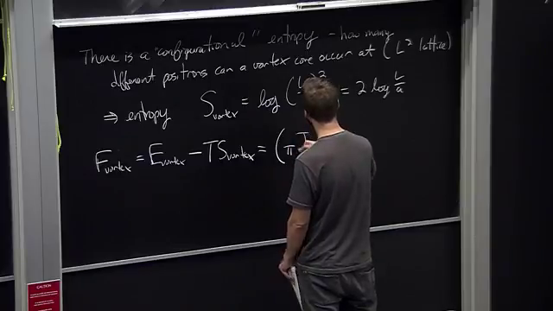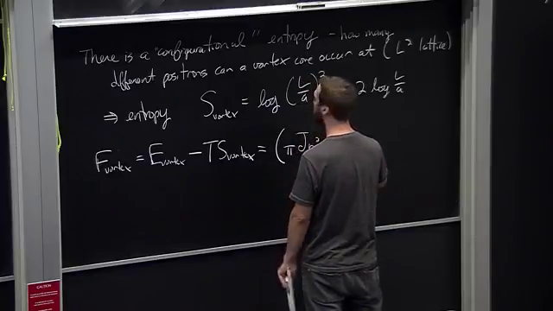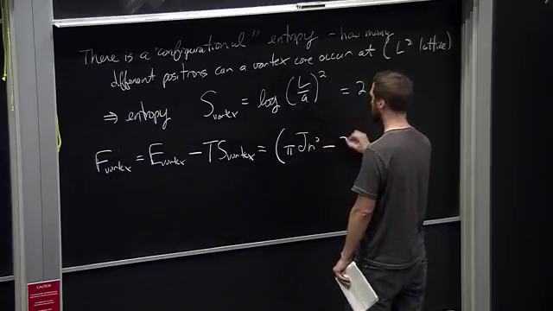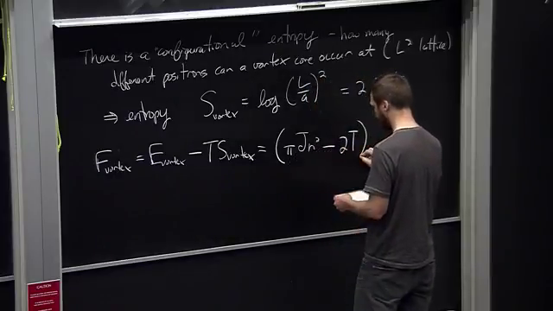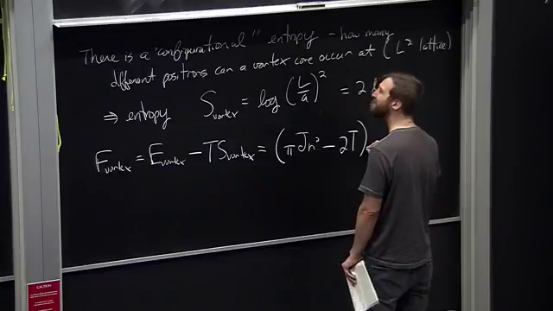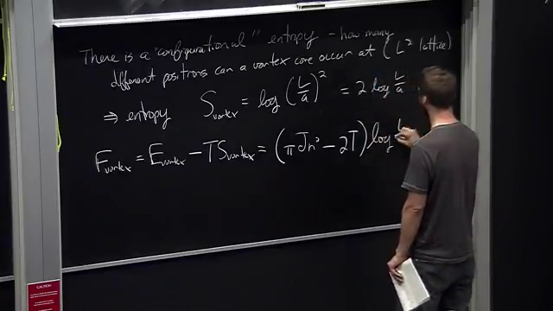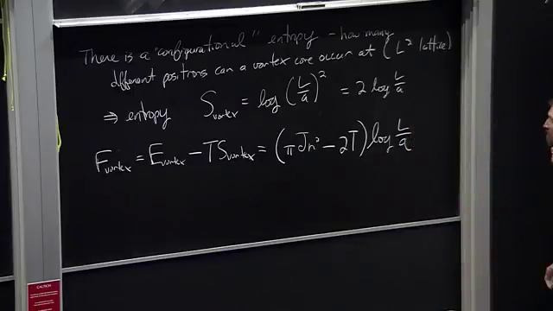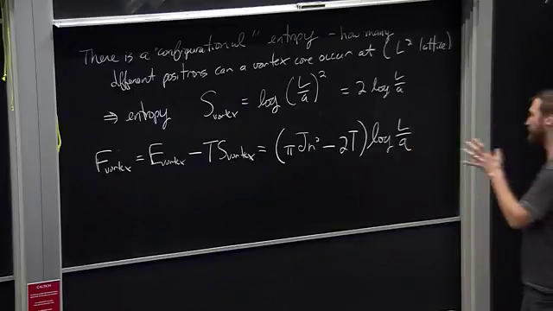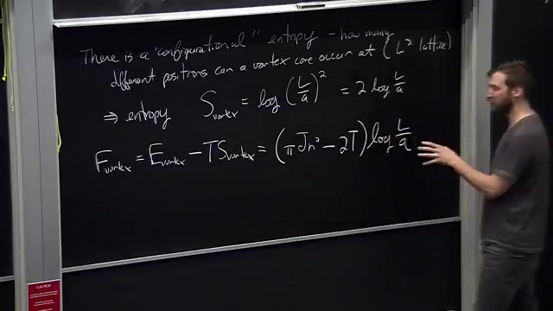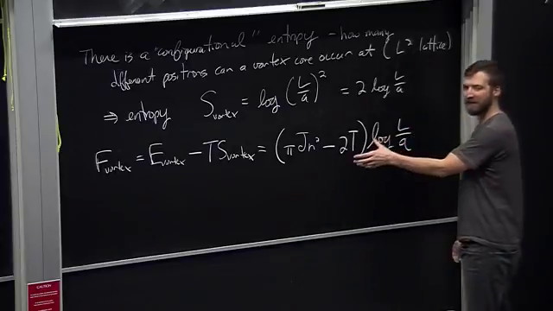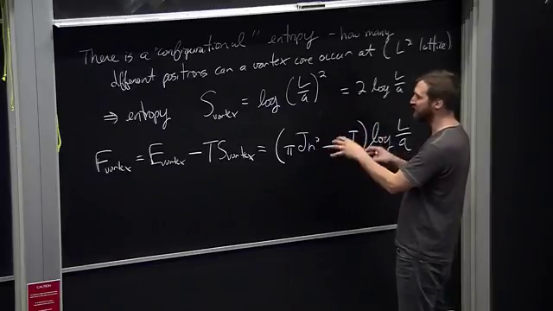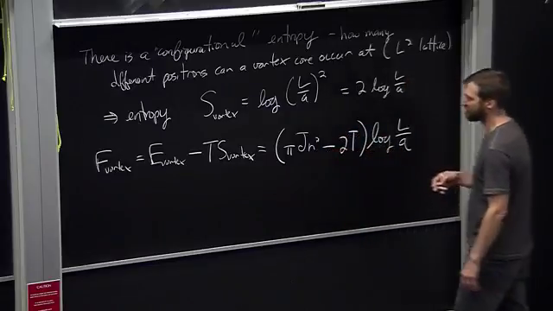That's probably pi J n squared over 2, and I have a 2T, something like that. Yeah, so it's the coefficient of the log. They're both logarithmic. You have two terms here, so how do you minimize the free energy? It depends on your temperature, right?